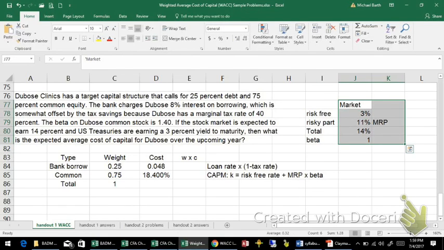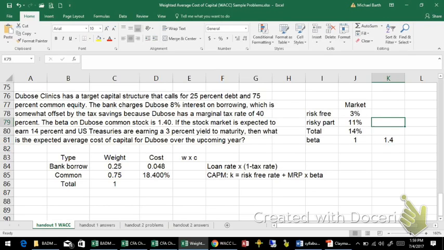And all we're saying is that for Dubose, their beta being 1.4 means that their risk premium is 1.4 times the average. So their risk premium is a little bit higher. The investors there still get the same risk-free rate, but they have a higher risk premium because Dubose is riskier. Good times gooder, bad times badder.